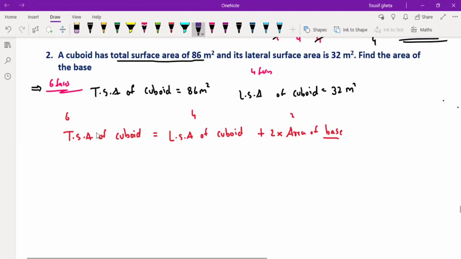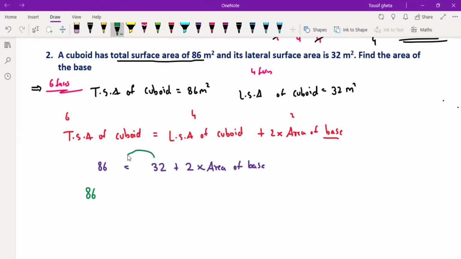Let us substitute the values. Total surface area of the cuboid, the value they give is 86. Lateral surface area of the cuboid they give as 32, plus 2 times the area of the base, whose value they haven't given. So the area of the base we are going to write as it is. Let us transpose it. So 86, which is already on the left hand side, I will take this 32 to the left hand side.